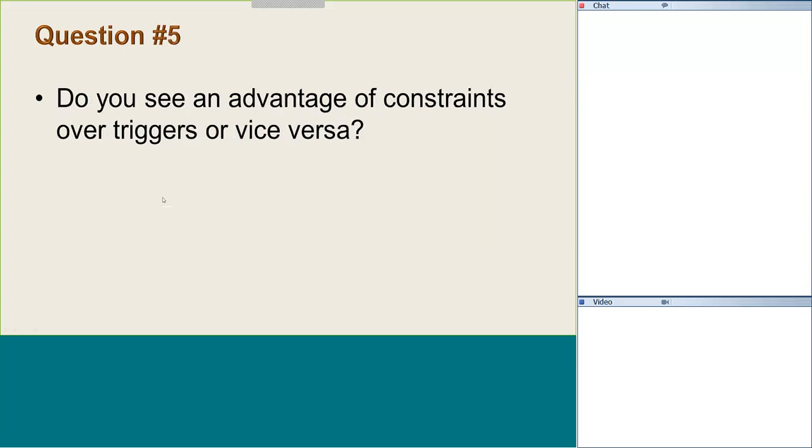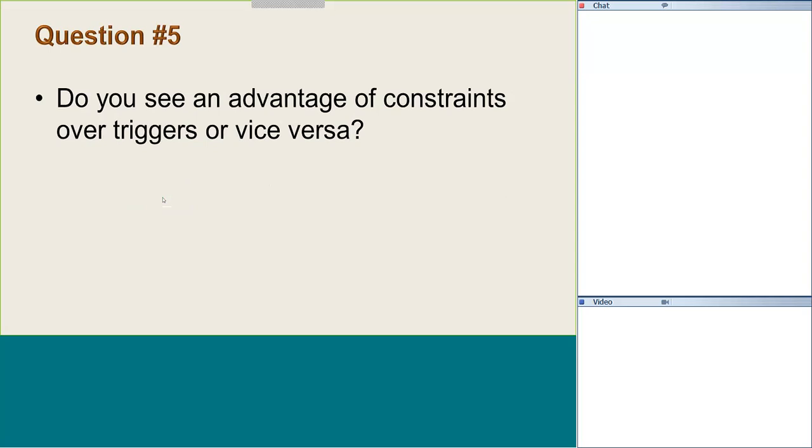Here's a future question, which I will be answering, if not today, then next week. What is the advantage of constraints over triggers or vice versa? There is no advantage of one over the other. They work together, and they each have their own benefits and their can-dos and can't-dos.